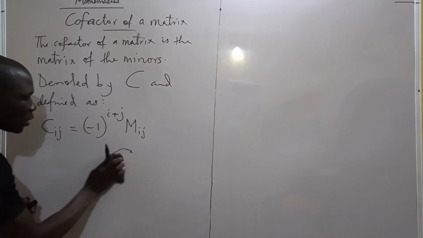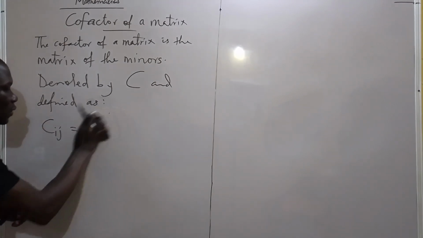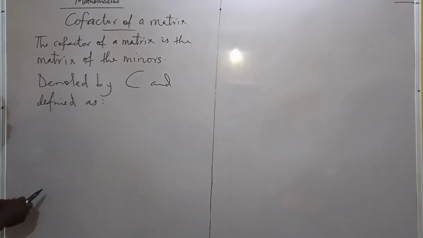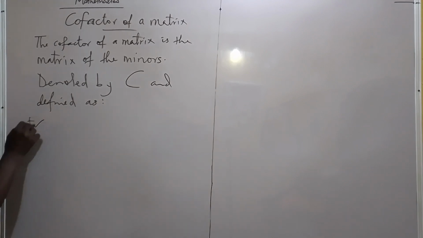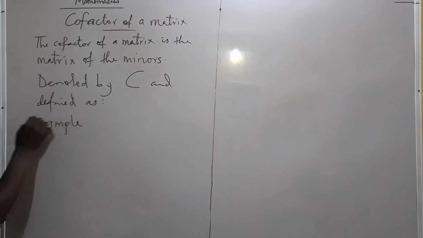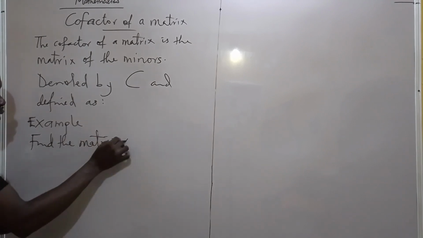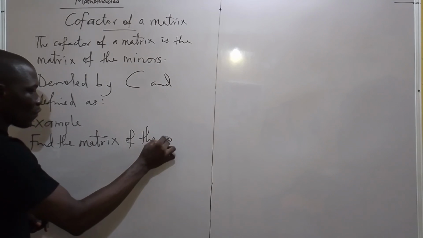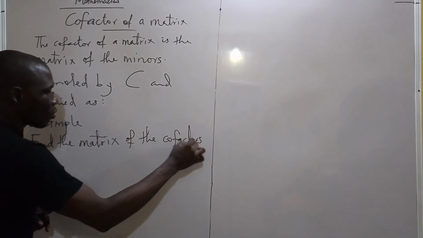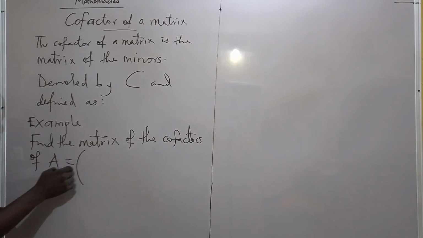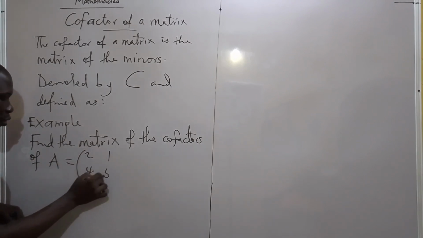Now let's see how we calculate the cofactor of a given matrix. As an example, we want to find the matrix of the cofactors of matrix A, which is 2, 1, 4, 5.